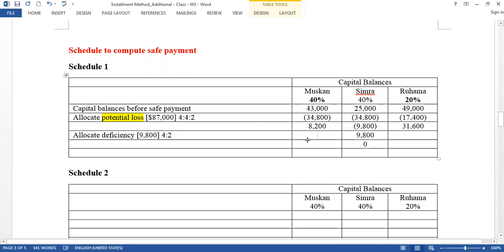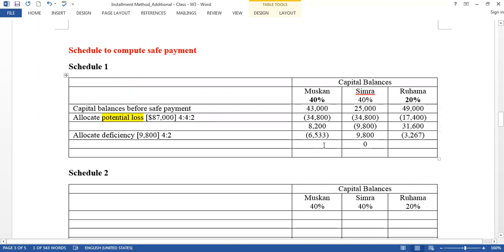And it is something like 6,533 and 3,267. Okay, so we give her some capital and we absorb this kind of loss.